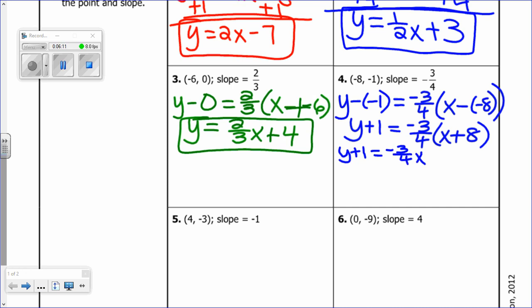You have a -3/4 times a positive 8, which gives you a -6. So this should be -6. And now we solve for y. So we're going to subtract 1 from each side. And so we have y is equal to -3/4 x minus 7.